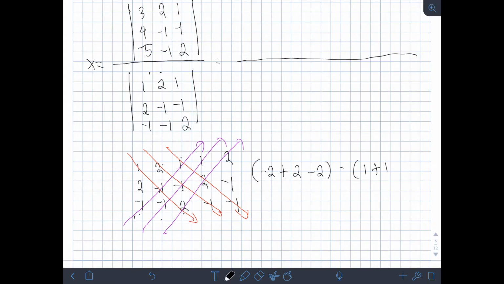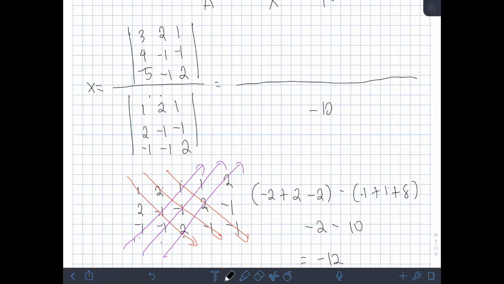Then 2 times 2 times 2 is plus 8. So we have negative 2 plus 2 minus 2 is negative 2, minus 1 plus 1 plus 8 is 10. So we have negative 2 minus 10 is negative 12.